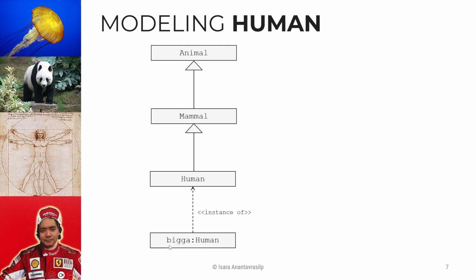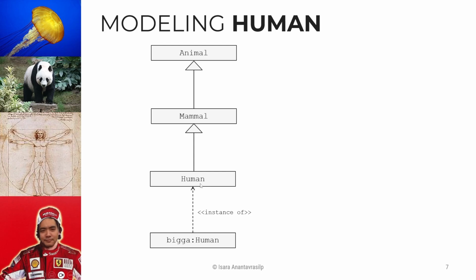Here I say that right here is my name, colon something, this is a class name. It means that I am an object of this class or instance of this class. And this arrow with a large arrowhead like this indicates that human is a subclass of mammal. And this arrow indicates that mammal is a subclass of animal. So you can think of it this way.